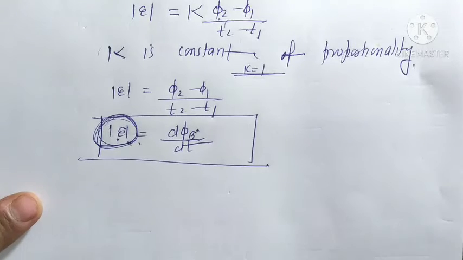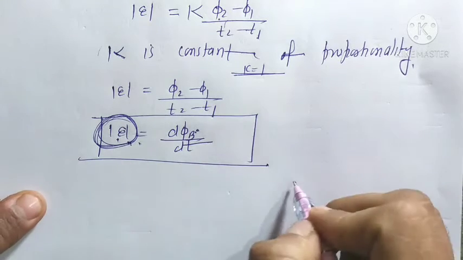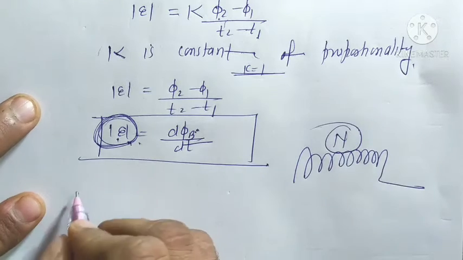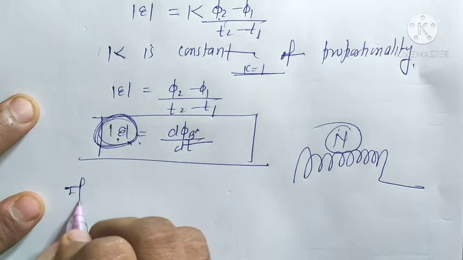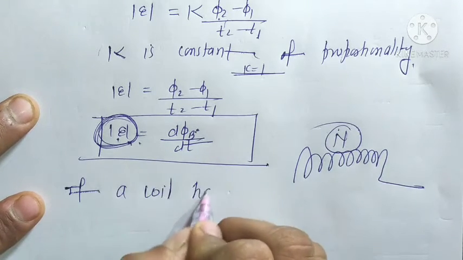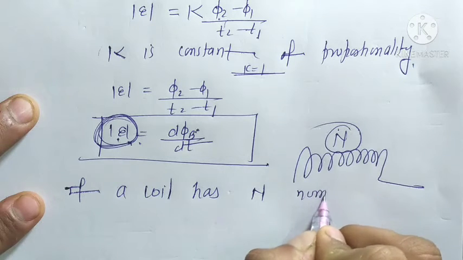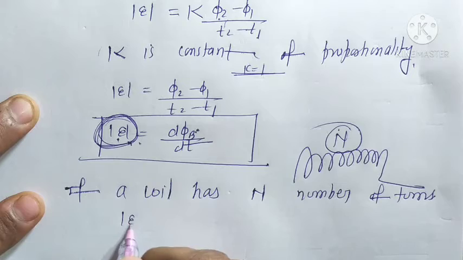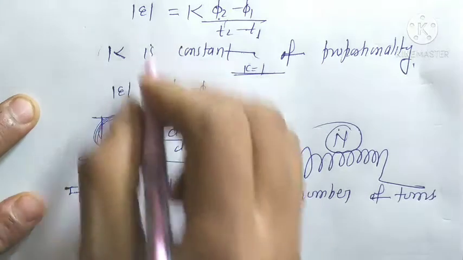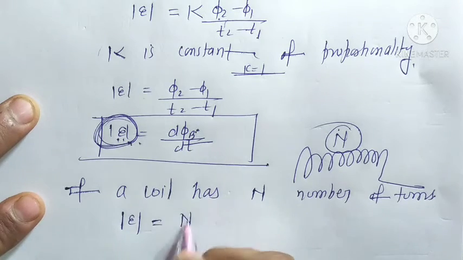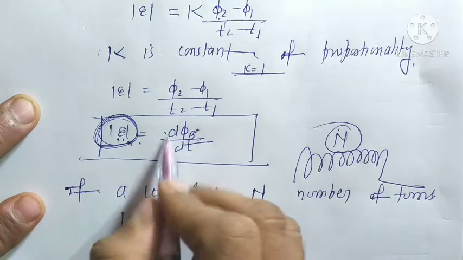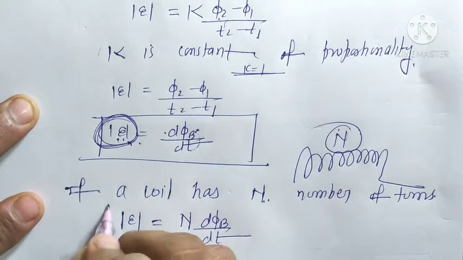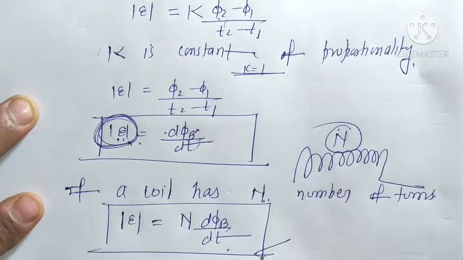If a coil has N number of turns, then the induced EMF is equal to capital N multiplied by d phi B upon dt. This is our value.